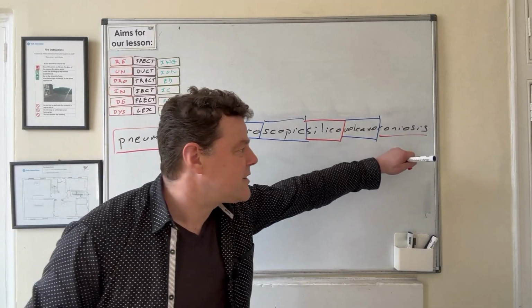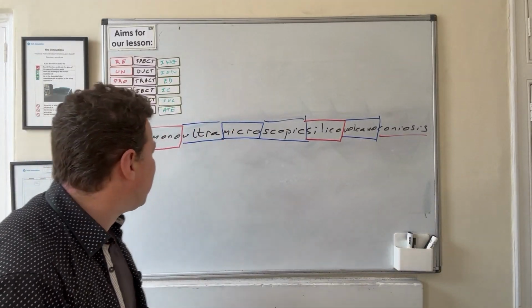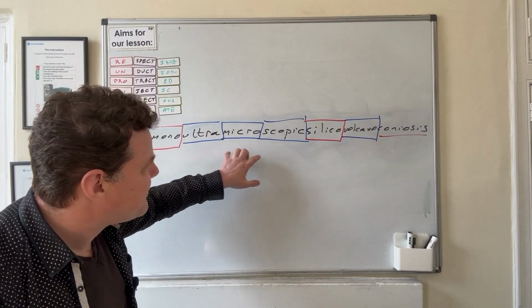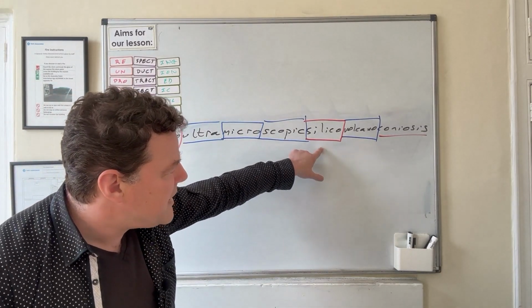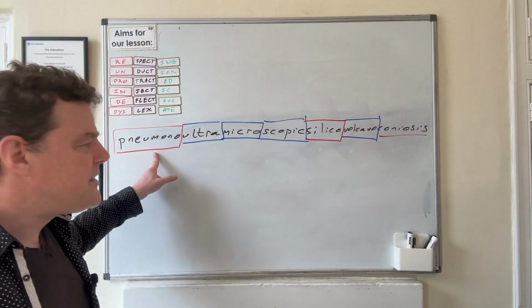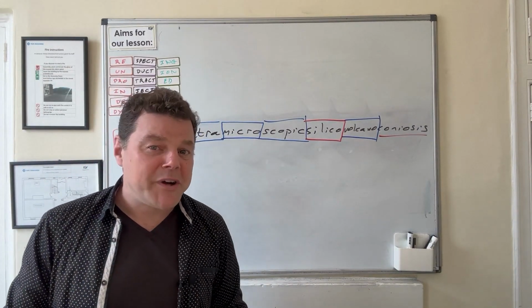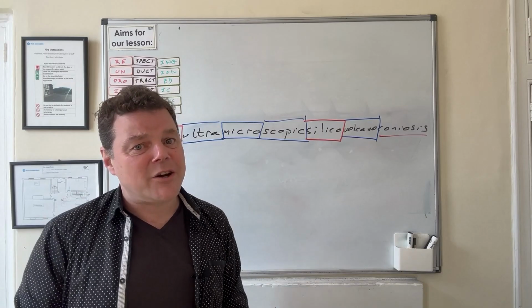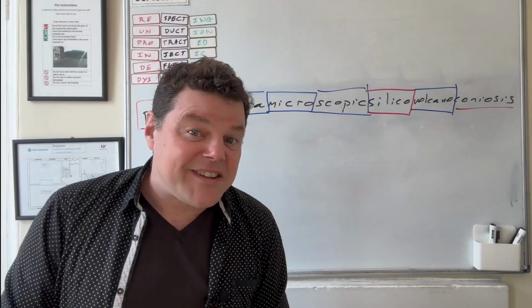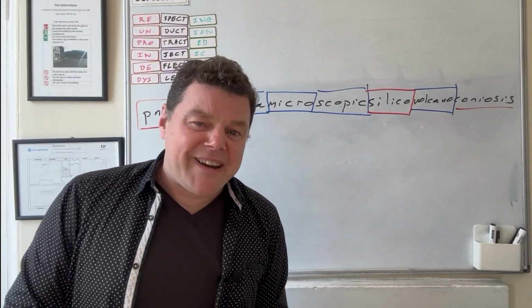So we have this medical term that talks about really small minerals erupting in the lungs. Pneumonoultramicroscopicsilicovolcanoconiosis is essentially a really bad cough.